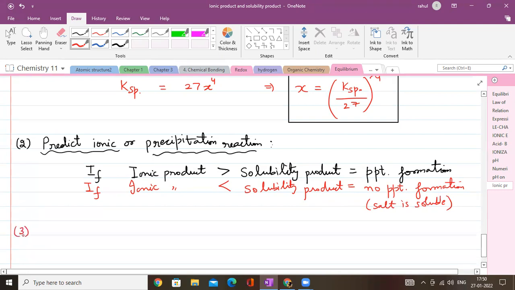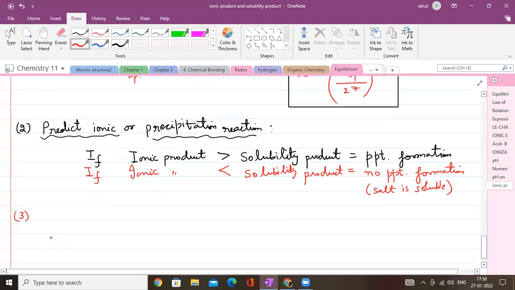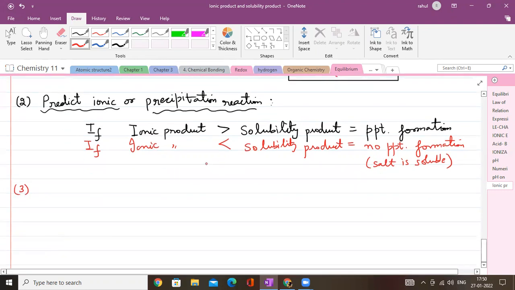The third application right now is explaining the salting out or precipitation of soluble salt.